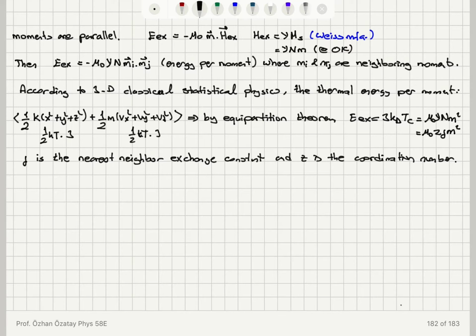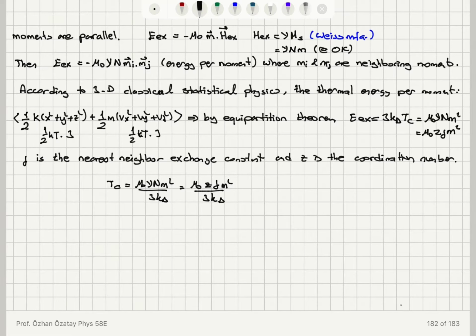So this relationship basically gives me for Tc: mu 0 gamma m square over 3 times Boltzmann constant, or mu 0 z j m squared divided by 3 times Boltzmann constant.